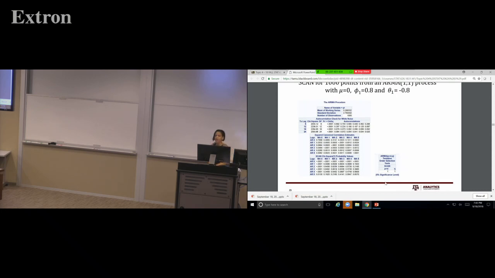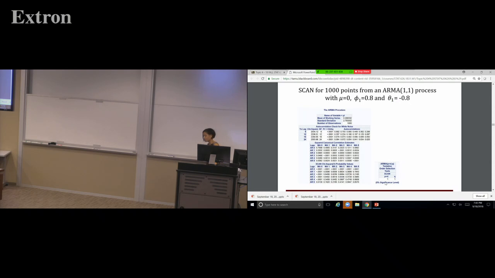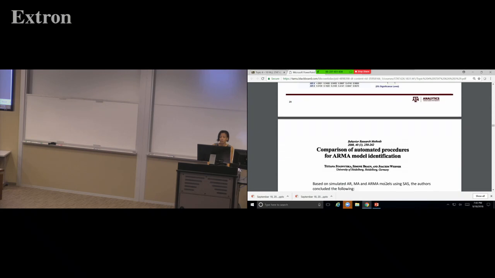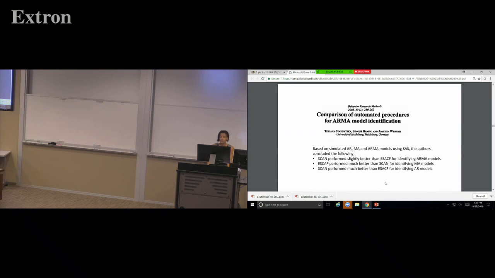It just happened, because we used simulated data, that our scan process and the extended sample autocorrelation function led us to the same tentative model to investigate. That doesn't always happen in the real world. Three researchers, Stadnitski, Brown, and Werner, in 2008, did an analysis comparing the extended sample autocorrelation function to the scan technique for identifying models.